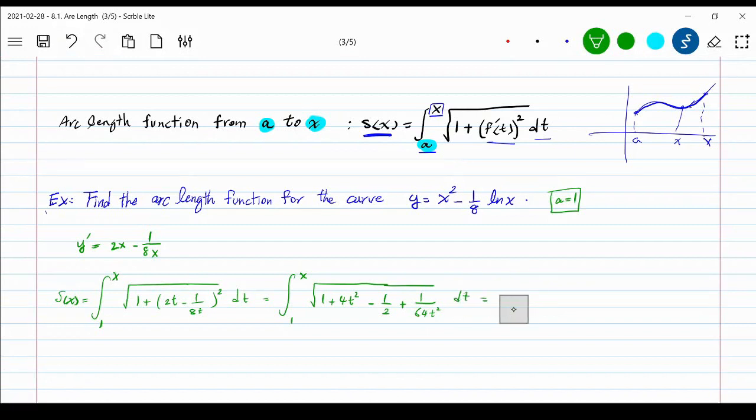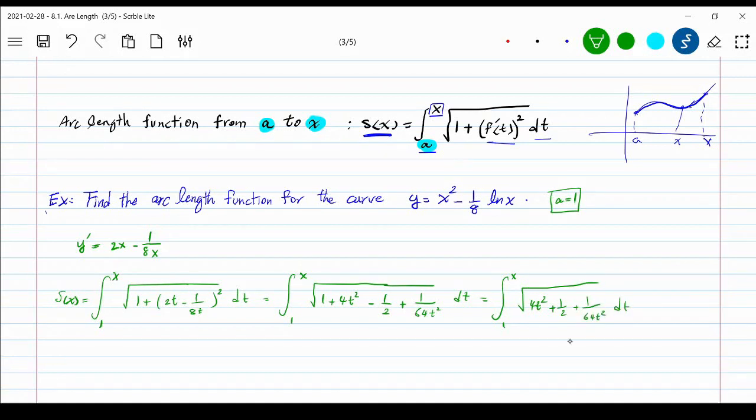And you may ask me, why did you square it? Here's the reason. If you calculate this under the square root, it looks exactly the same: 4t squared plus 1/2 plus 1 over 64t squared.